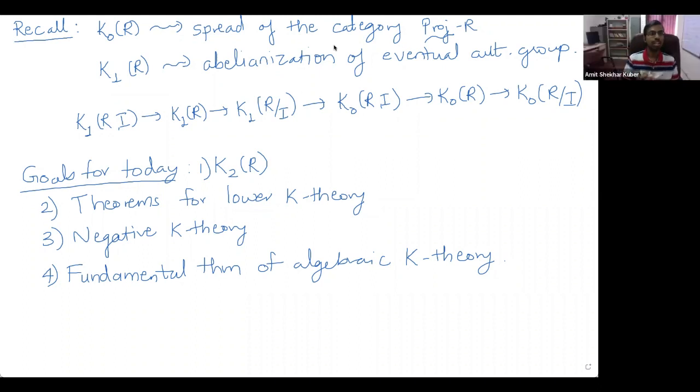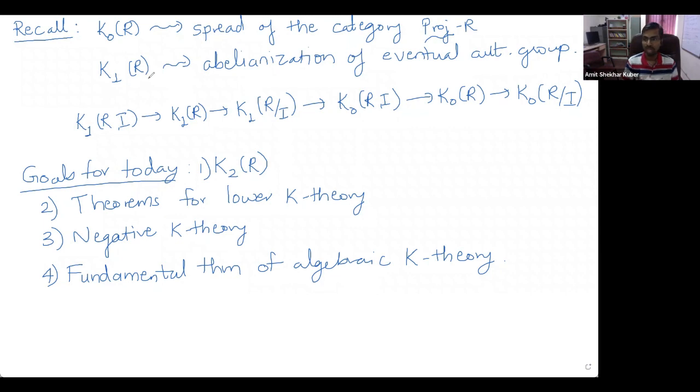Thanks, Mainak. So recall that in three lectures we have seen what is K0 of a ring and K1 of a ring. K0 measures the spread of the category of finitely generated projective modules, whereas K1 measures the eventual automorphism group up to abelianization. We have also seen K0 and K1 of a symmetric monoidal category.